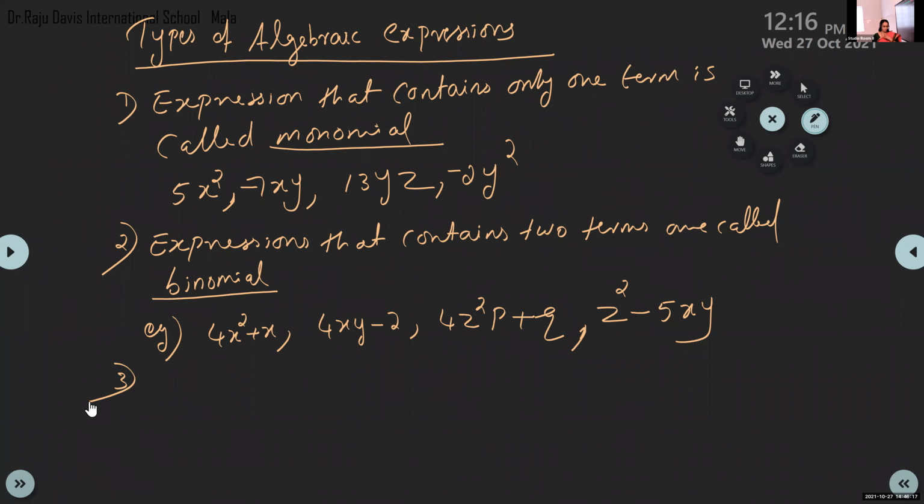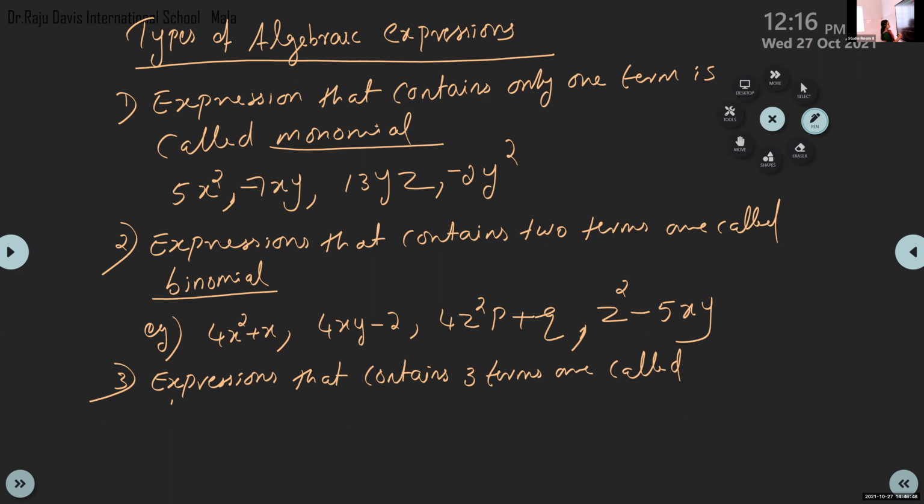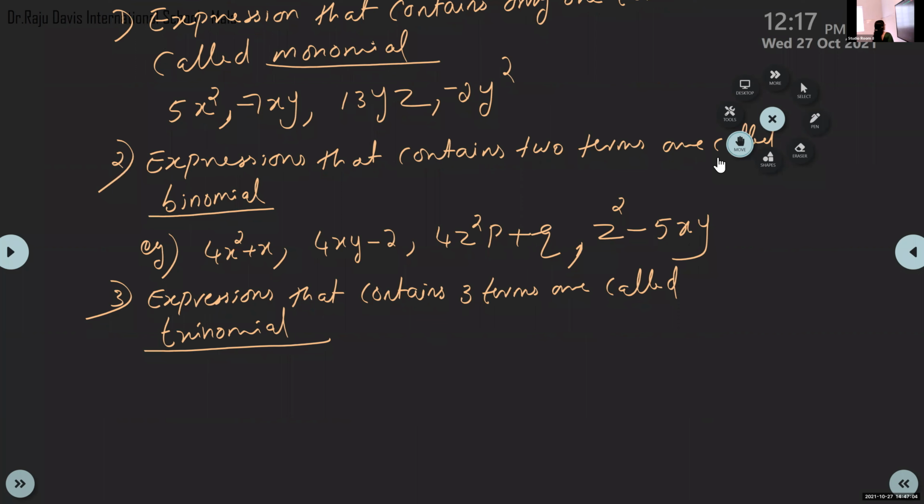Third one. Expressions that contain three terms are called trinomial.